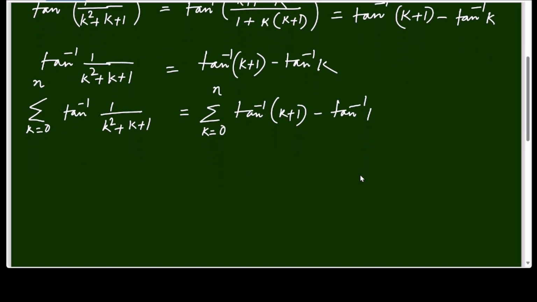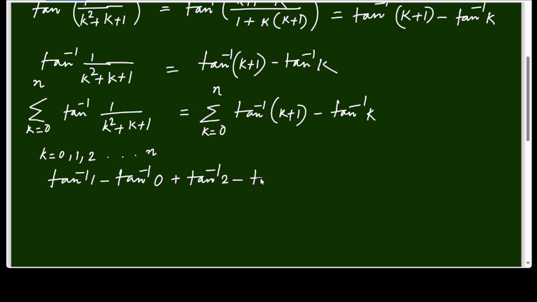Now putting the values k equals 0, 1, and so on up to n, the first term will be tan inverse 1 minus tan inverse 0. In the second term, when k equals 1, it will be tan inverse 2 minus tan inverse 1.